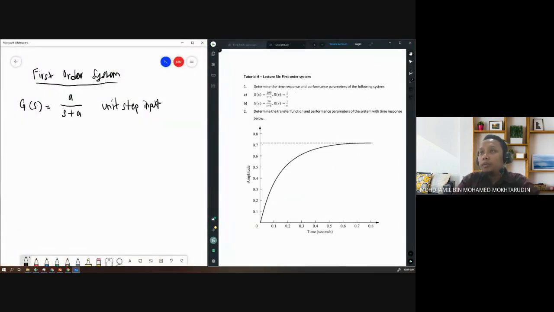Then we have time constant Tc equals 1 over a, rise time equals 2.2 over a, and settling time equals 4 over a. And then the time response c(t) equals 1 minus e to the power of negative at. These are the only formulas for a first order system.